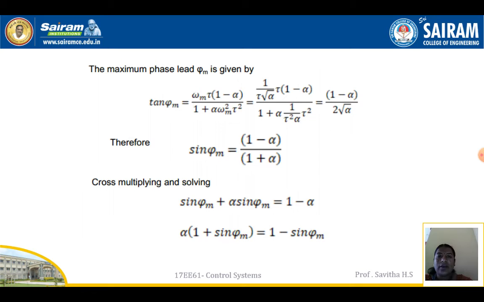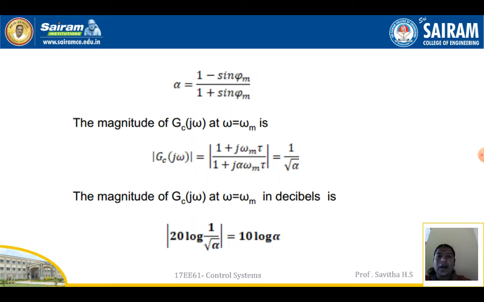Therefore, sin phi m is equal to (1 minus alpha) divided by (1 plus alpha). Cross multiplying and solving the equation, sin phi m plus alpha sin phi m is equal to 1 minus alpha. Alpha times (1 plus sin phi m) is equal to 1 minus sin phi m. Alpha is equal to (1 minus sin phi m) divided by (1 plus sin phi m).